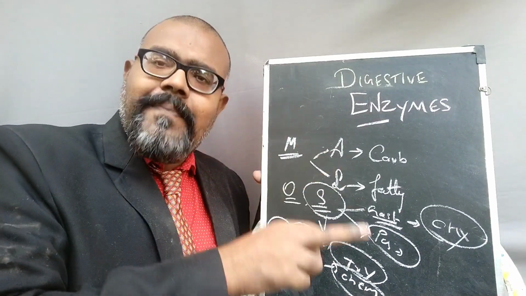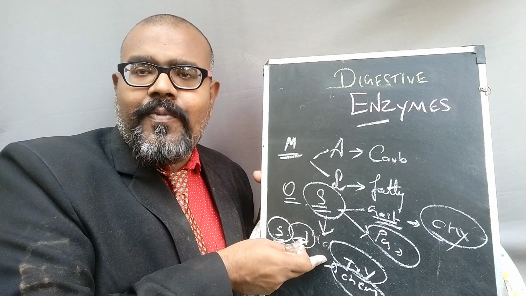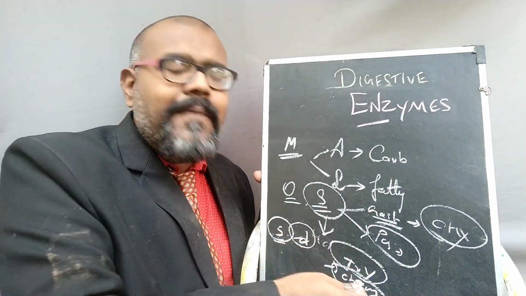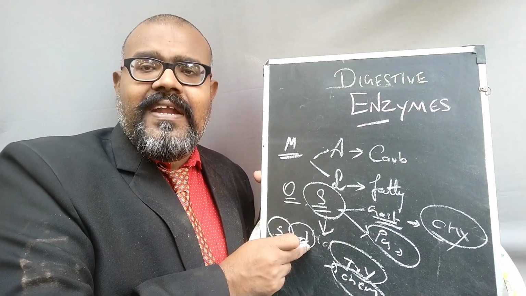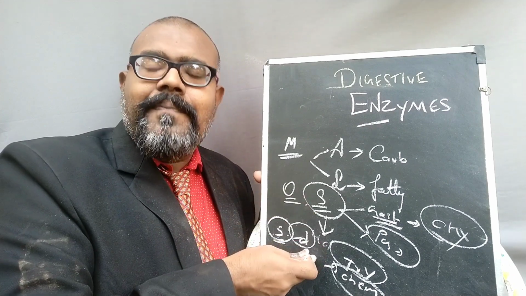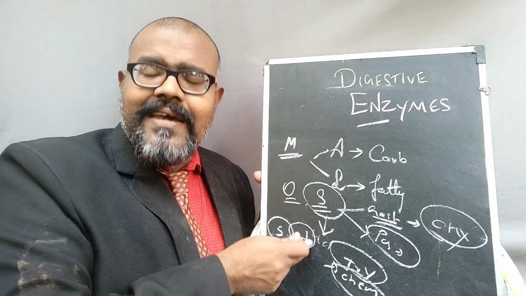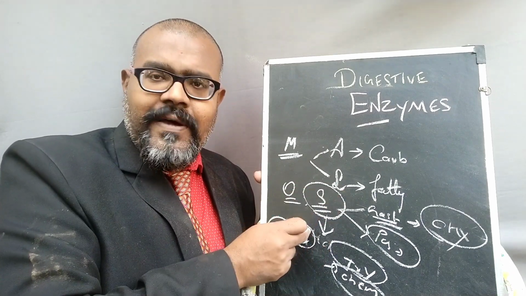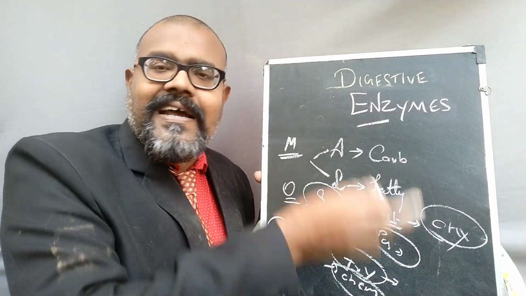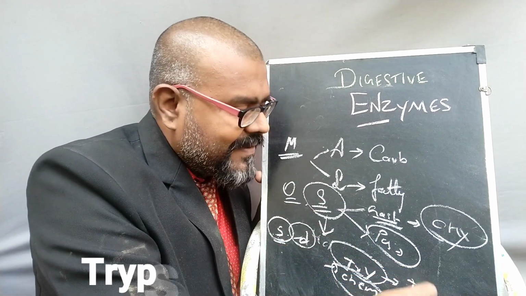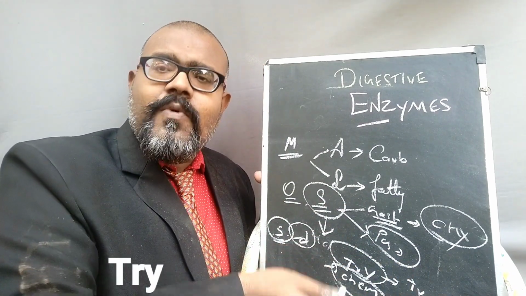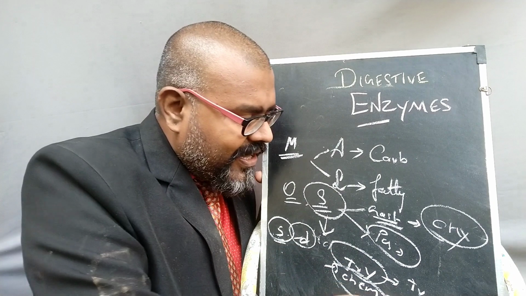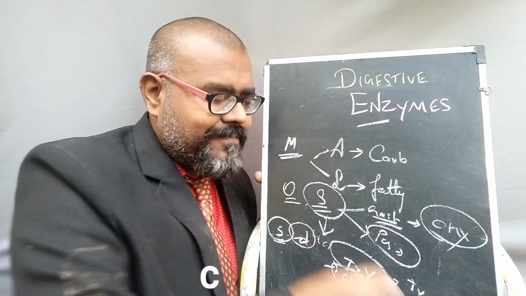Once secreted from the pancreas, they are in an inactive form, trypsinogen and chymotrypsinogen. They are activated once they reach the duodenum through the pancreatic duct and combine with the bicarbonate of the duodenum. Trypsinogen turns into active trypsin. Chymotrypsinogen, once it reaches the duodenum, turns into active chymotrypsin.